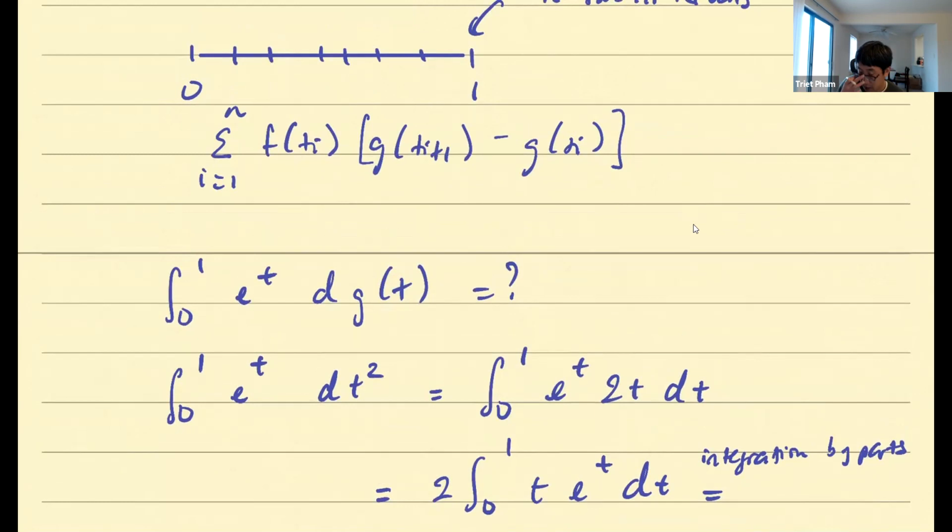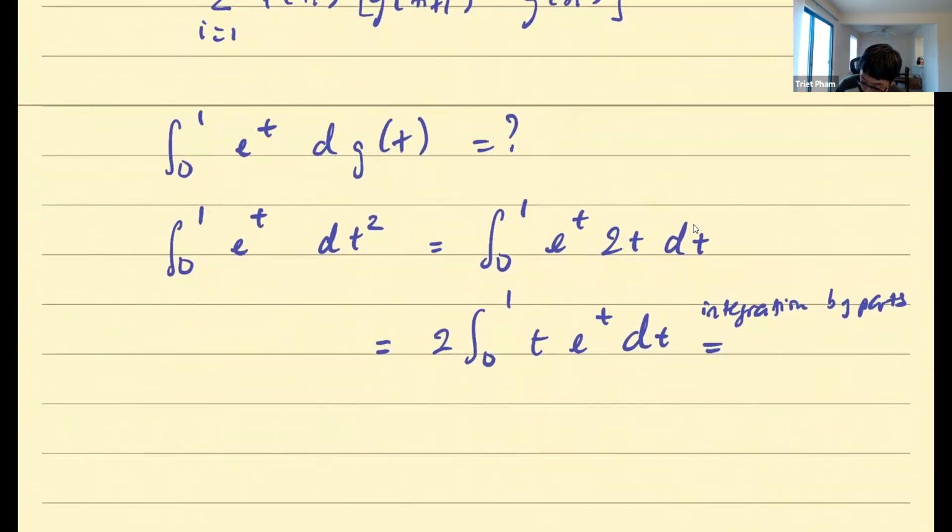On the other hand, this is not a real example, but suppose that instead of doing this, you try g so that dg(t) is the square root of dt.